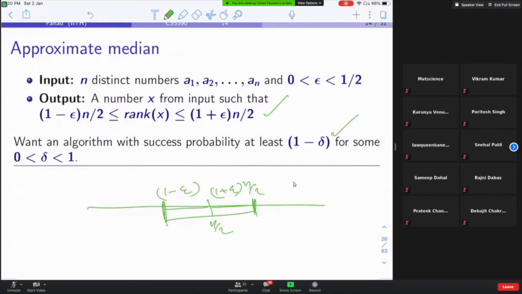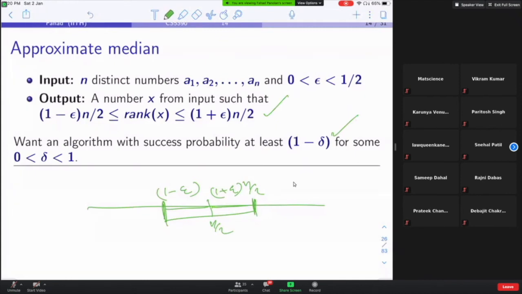Now the point is, if you are going to sample something which is of order n and then find the median, then why not do it with the input n numbers itself? You are not going to save anything in terms of running time.